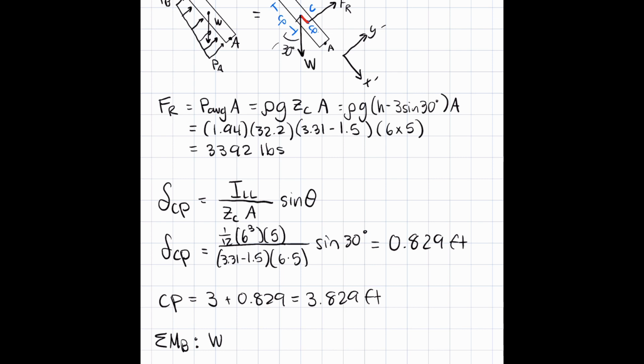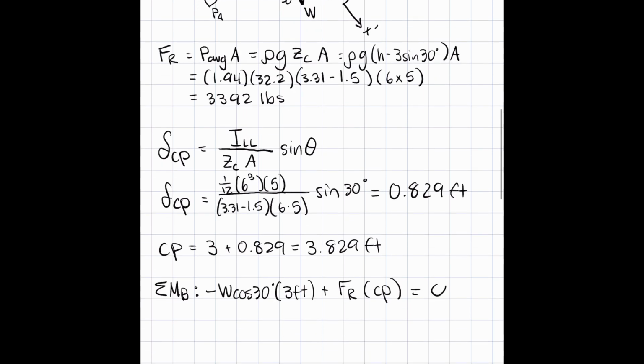Okay, so again, weight times cosine 30 times 3 feet. And this should actually be a negative term because it's going in the clockwise direction, plus our force resultant, Fr, at Cp, and that should equal 0.